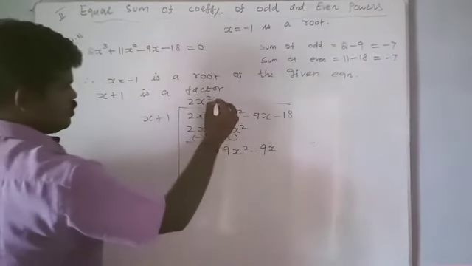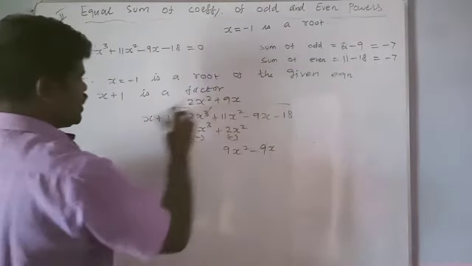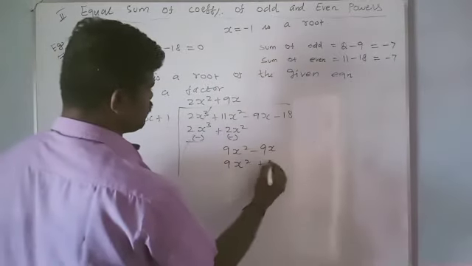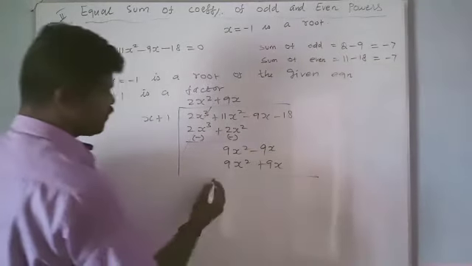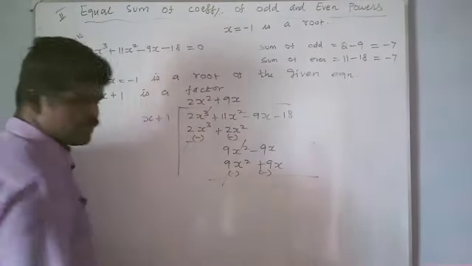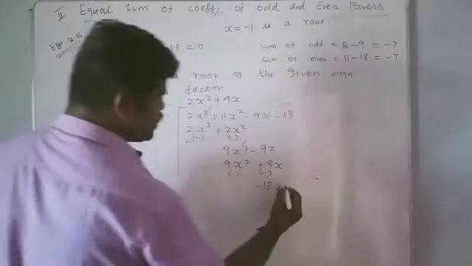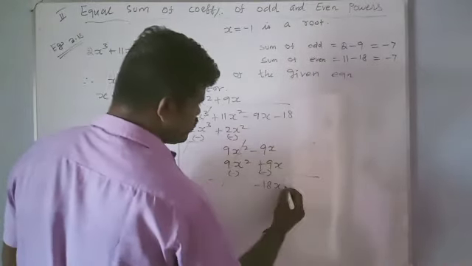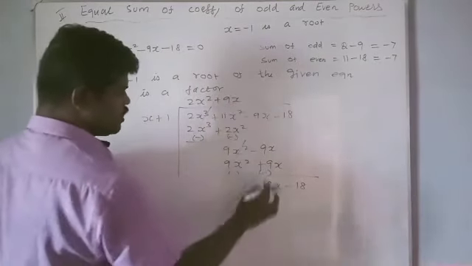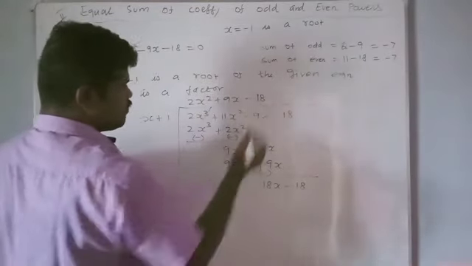So what is the value? Plus 9x. 9x squared and plus 9x. Okay, this is minus, also this is minus. Cancel this term and this term must be minus 18x, and take minus 18 downward. So plus, now here minus 18x, so minus 18.